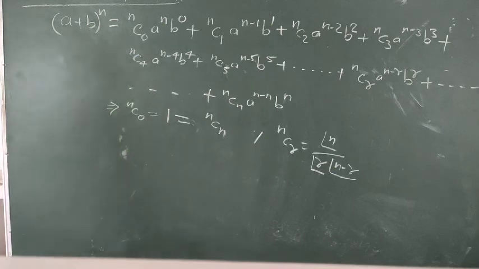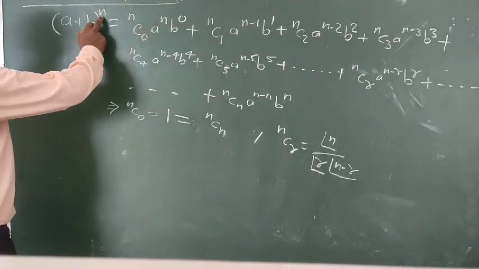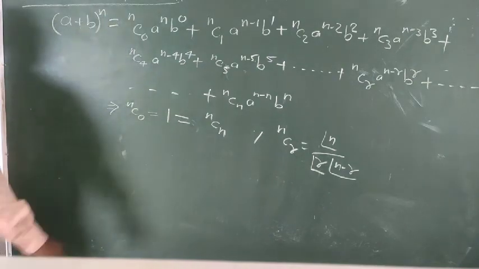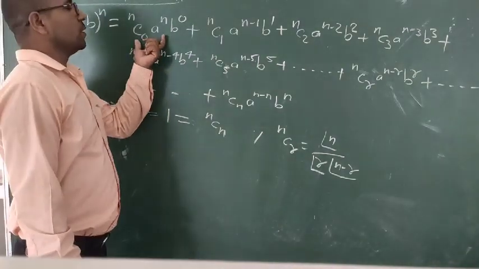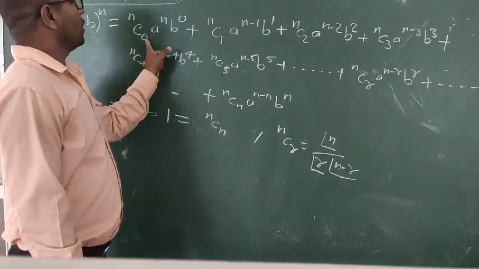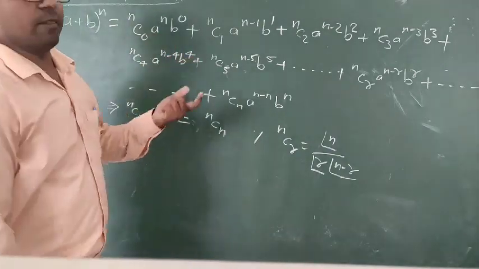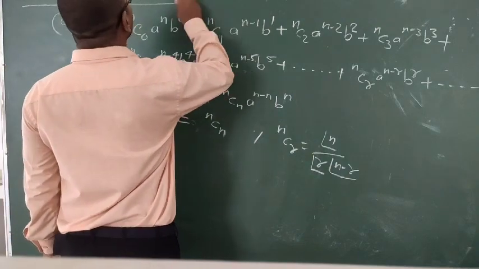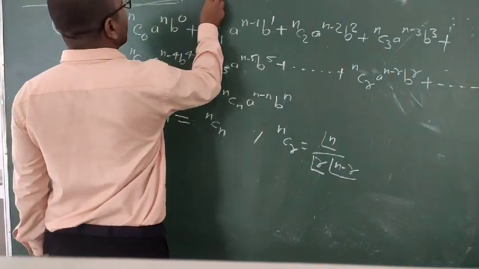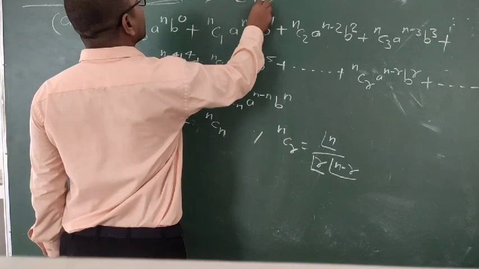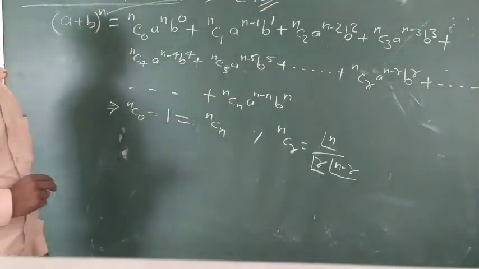So now, after this, students, we can prove these theorems. We can prove these binomial expressions by using the principle of mathematical induction. Suppose we are putting here n to the power 0, so you will get this result only. That means you are going to the first term only. And n will always be natural numbers. This n belongs to natural numbers only.